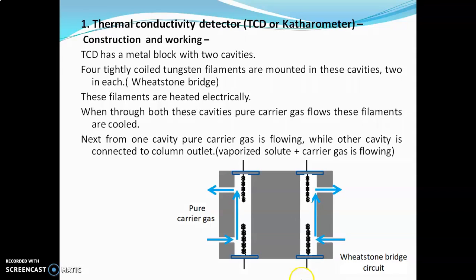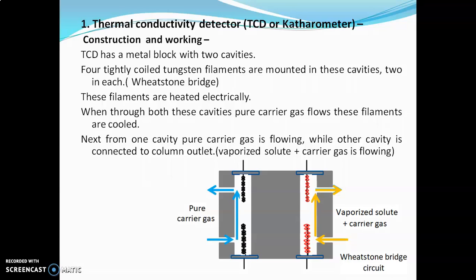But when through one cavity pure carrier gas is flowing and through the second cavity the column effluent is flowing, that is vaporized solute molecules plus carrier gas, the filaments in the second cavity remain heated because the thermal conductivity of carrier gas is reduced due to the presence of vaporized solute molecules.